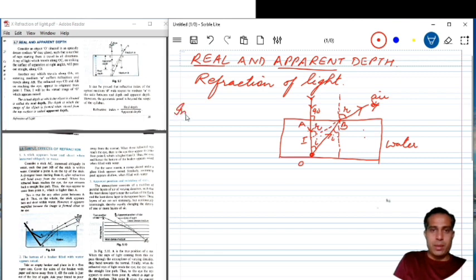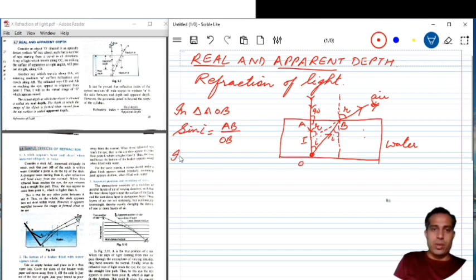In triangle AOB, if we have to calculate the value of sine I, what will that be? In this triangle, this angle is 90 and this is I, so sine I is perpendicular over hypotenuse, P over H. P here is AB, and H here is OB. So sine I is AB over OB.